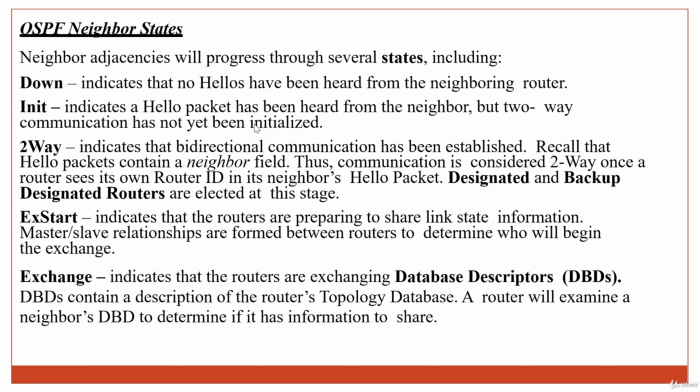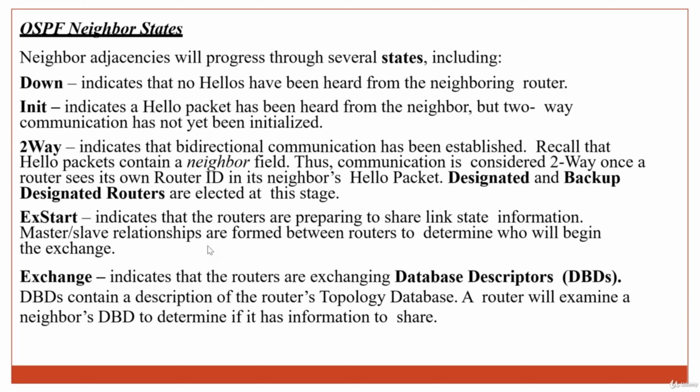We know that inside the hello packet we have some important fields. A few of them are mandatory, like the area, the authentication, the network subnet, etc. The neighbors should match those mandatory fields. Then they will go to the two-way state.